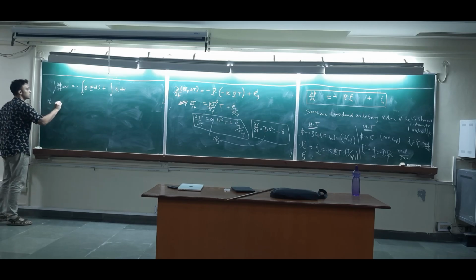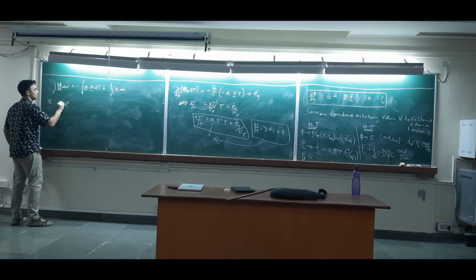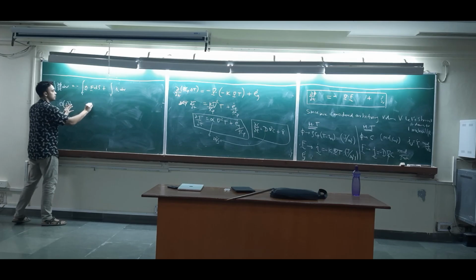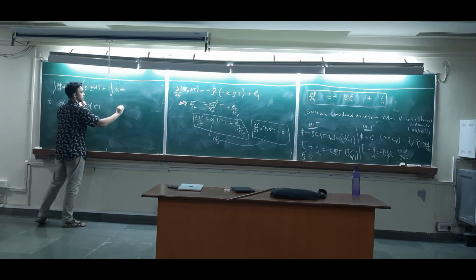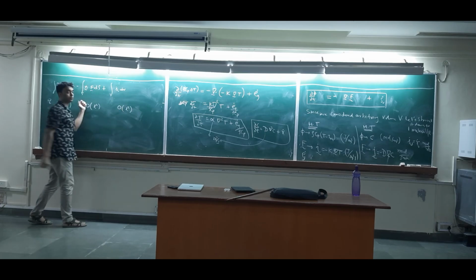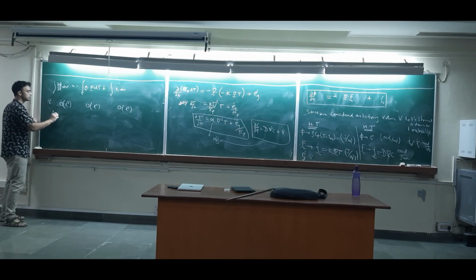So volume would be of what order in L? L cube. So this is L cube. O means roughly of that order. This will be of square. This will be of cube. Now I'm going to shrink it. L tending to 0, or L much less than 1.